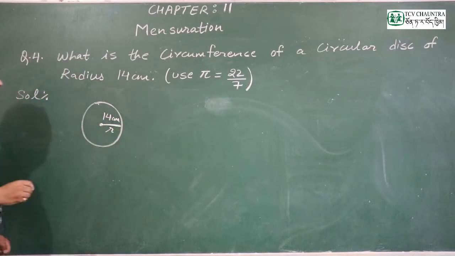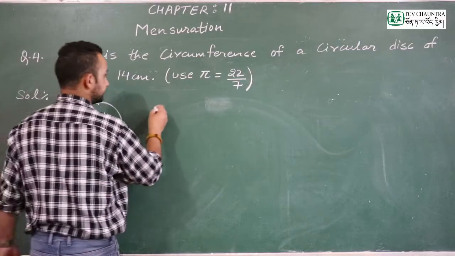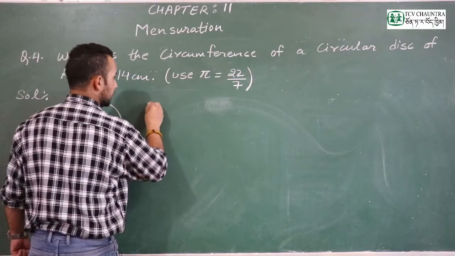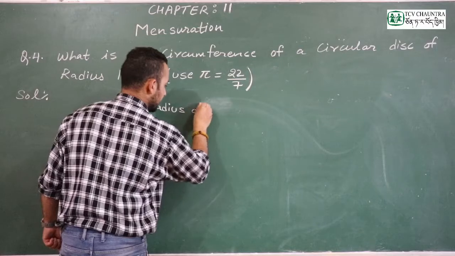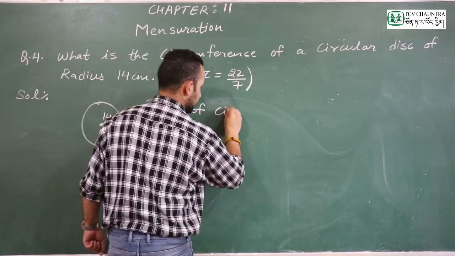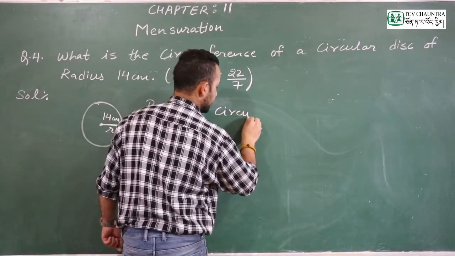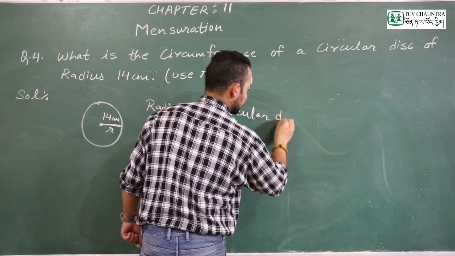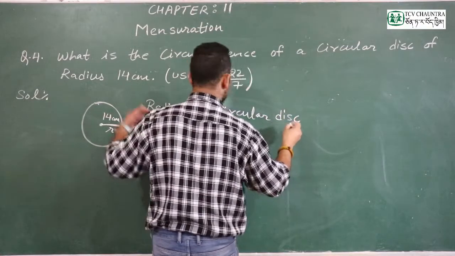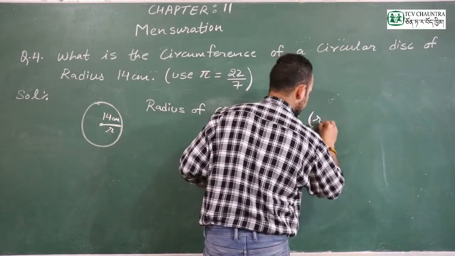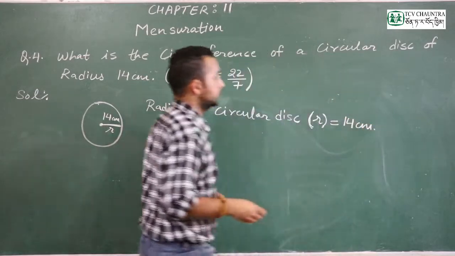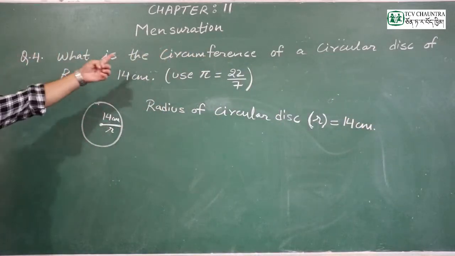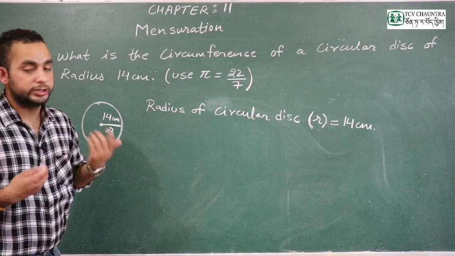Given is the radius of the circular disc, denoted by r, and the value is 14 centimeter. The question asks what is the circumference of the circular disc.